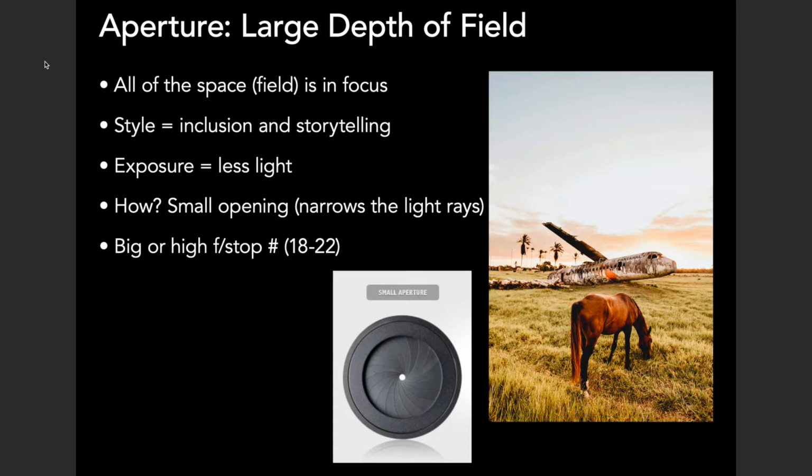Often it can go up to 32, but that's such a small opening that you often don't really want to use it. But if it's easier to think of, a big number means big depth of field, which means everything's in focus. So that, very briefly, is aperture.